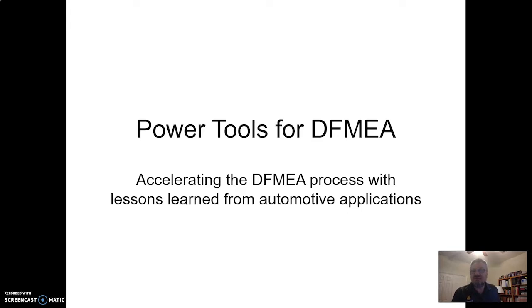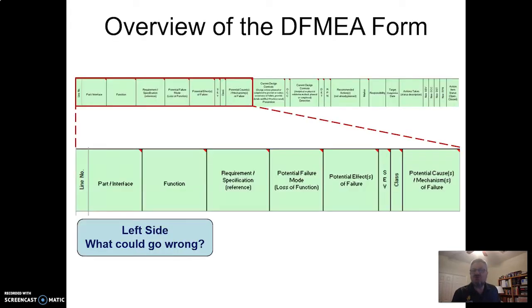To begin, I wanted to show an overview of the form that's used for DFMEA, and these were covered in the videos, but at a very high level. Three sides of the form. On the left side, the basic question that you're answering is what could go wrong? And you'll see that this is broken out in these fields, starting with the part in the system.